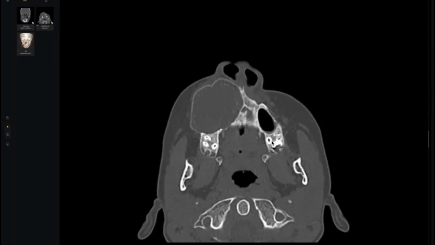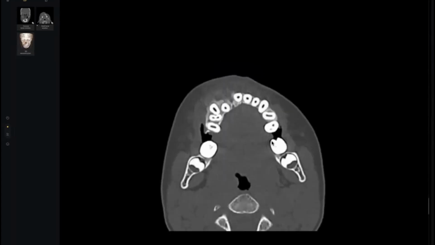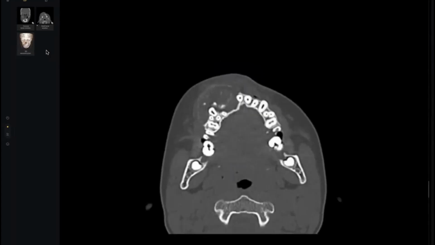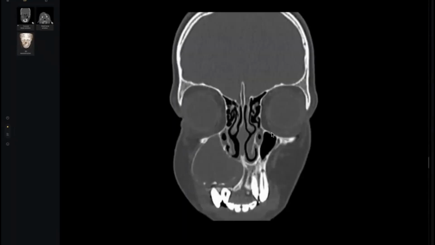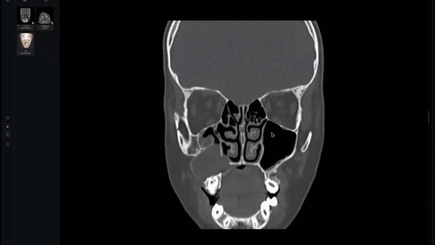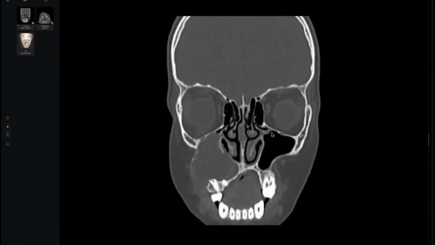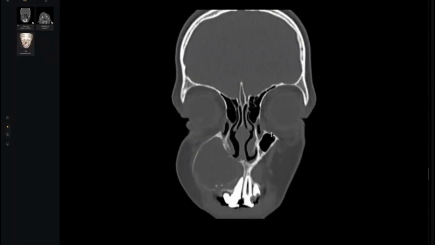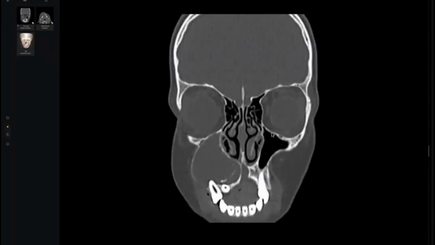For the lesion in the maxilla, I would like to see its relation with the dentition. I would like to see the coronal view. In the coronal view, the molar tooth is seen at the bottom of the lesion.